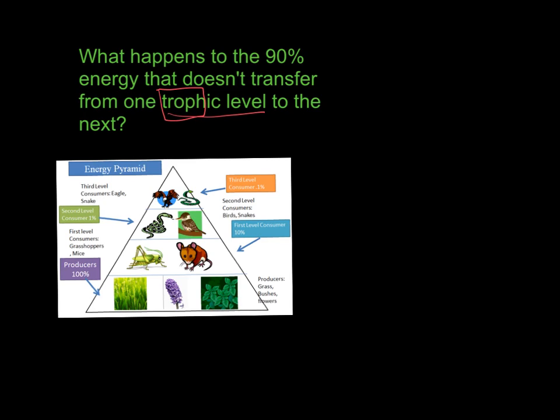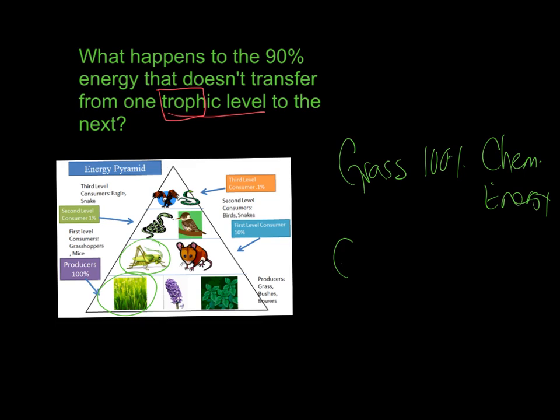I want to focus here on the grass and the grasshopper. If we know that we have this grass starting at 100% chemical energy, the grasshopper now only has 10% chemical energy.